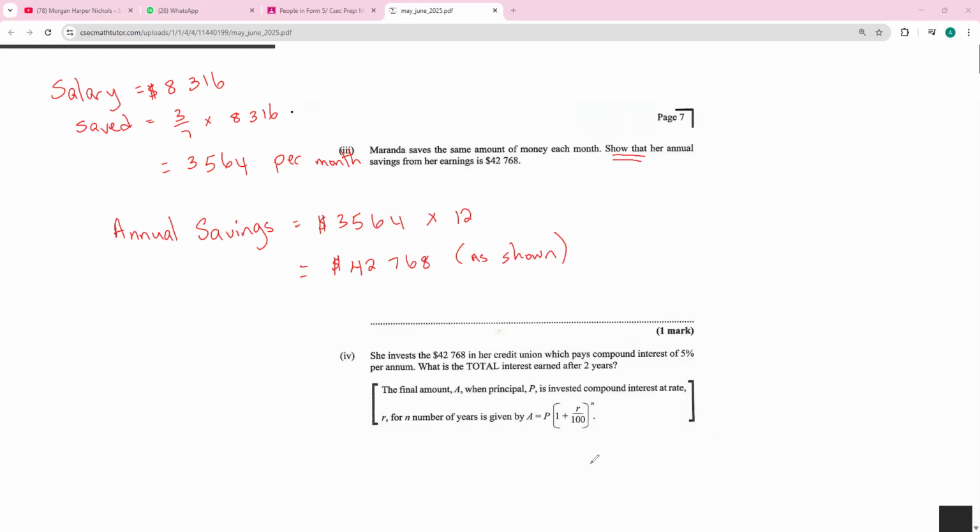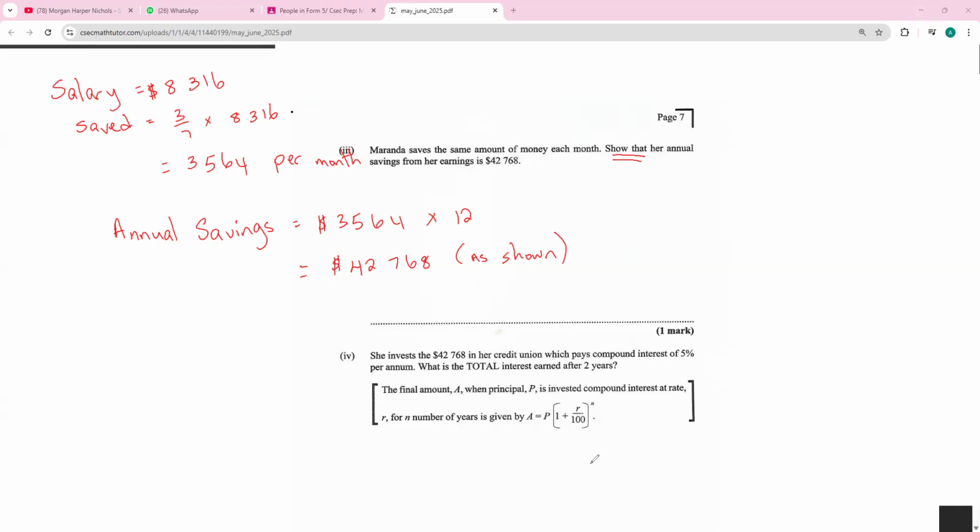Now, basically, with questions like these, we have simple interest, and then there's compound interest. With compound interest, they could give us the formula as they did in this case.